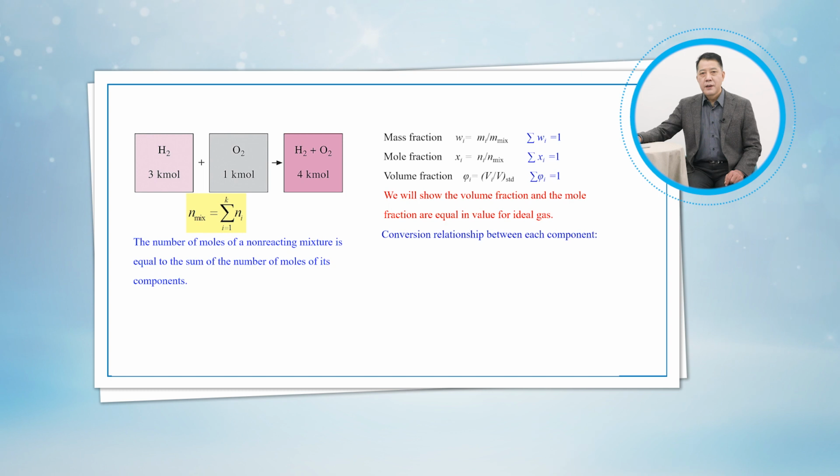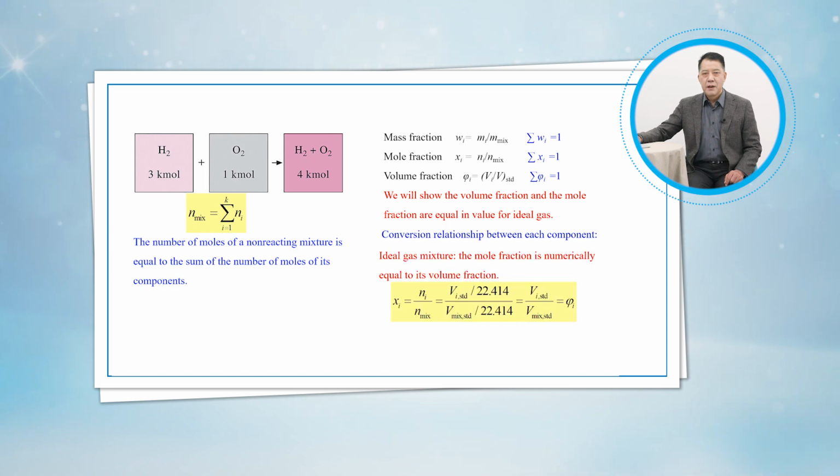Let's talk about the conversion relationship between each fraction. For ideal gas mixture, we have. This means that for an ideal gas mixture, the mole fraction is numerically equal to its volume fraction.